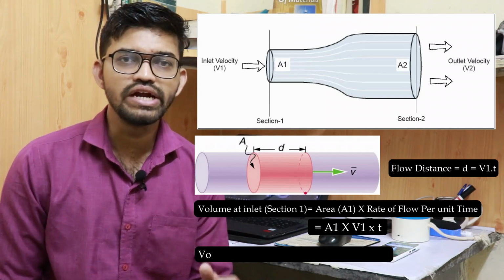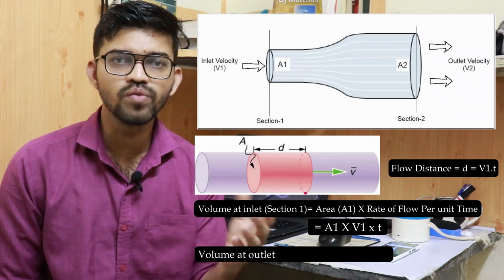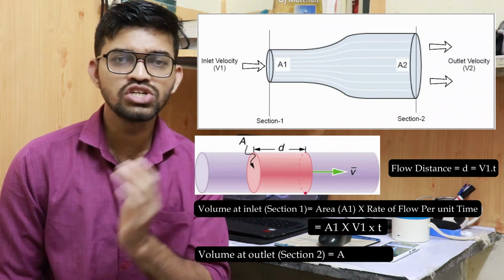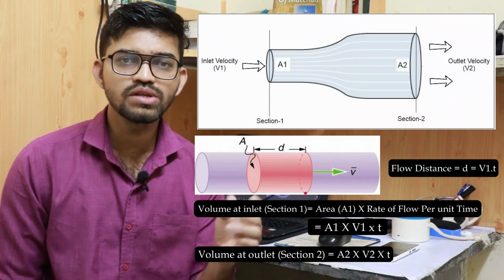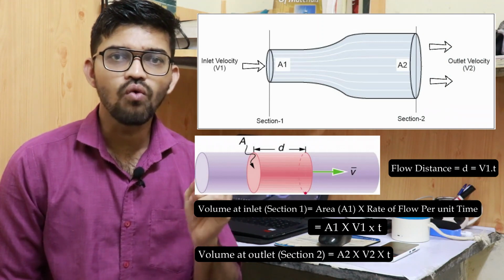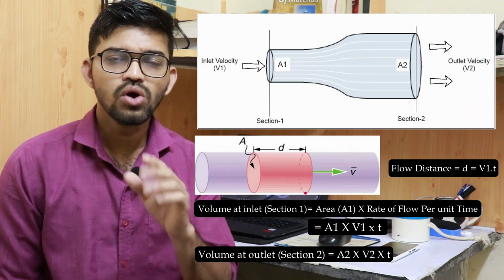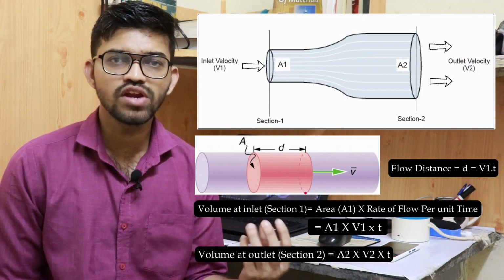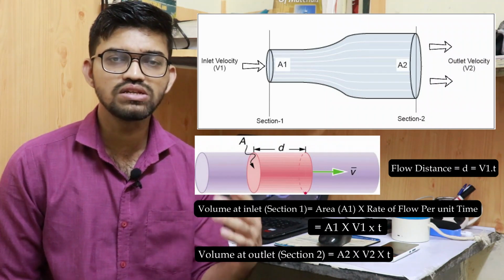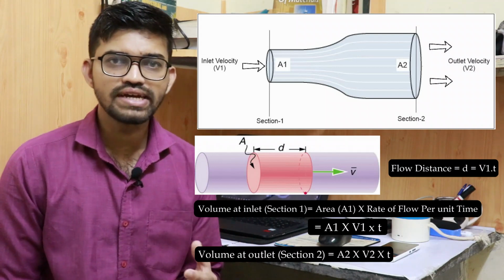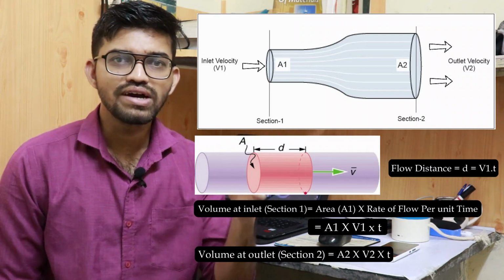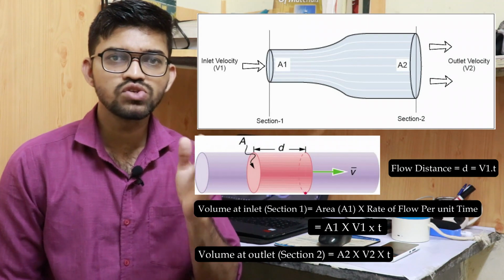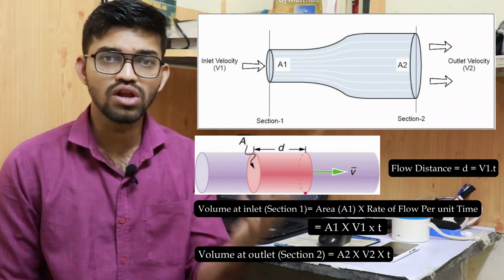Similarly, we can calculate the volume at section 2, which is area A2 into velocity v2 into time t. Here the time is the same, so it gets cancelled. So the volume at the entrance is equal to the volume at the outlet of the pipe.